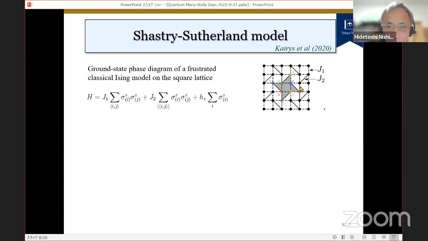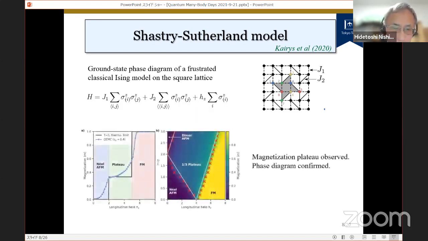And by choosing the appropriate sizes and strengths of those two interactions, the system becomes frustrated. That is, it is not easy to find the ground state. And the Shastry-Sutherland model also has this external field term.